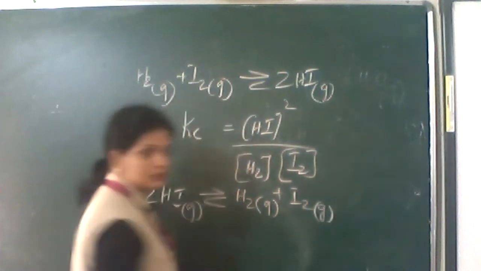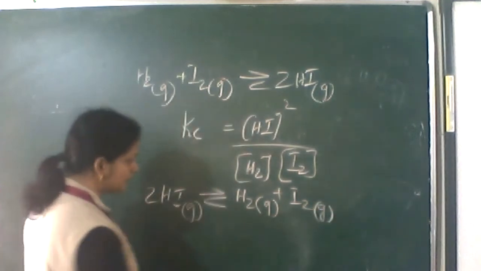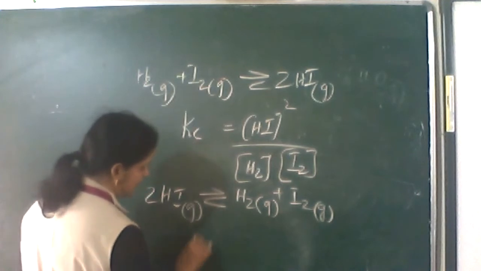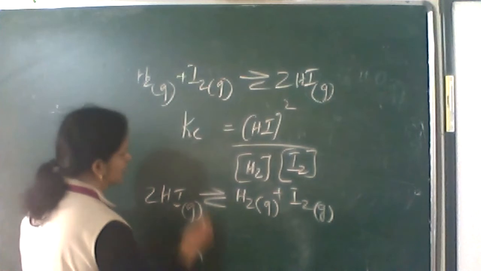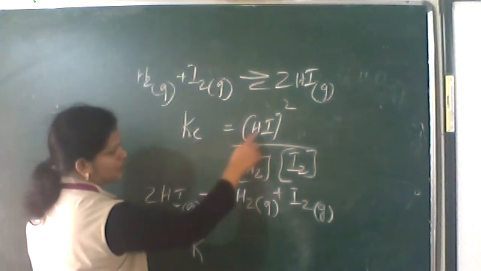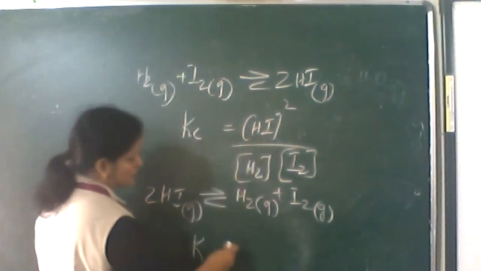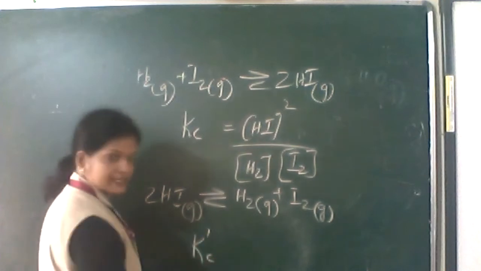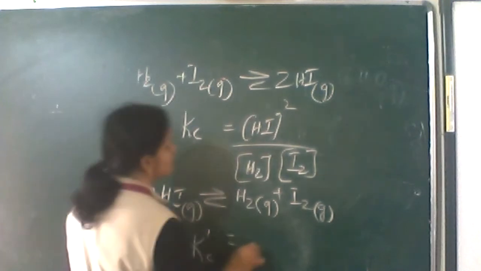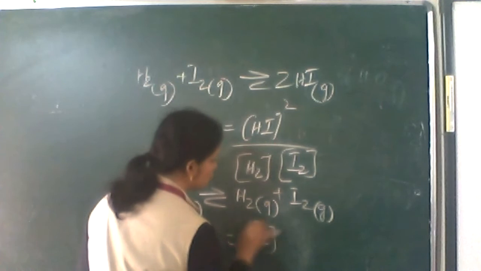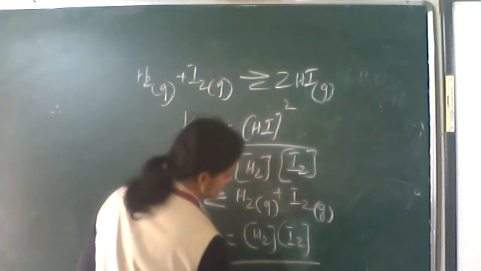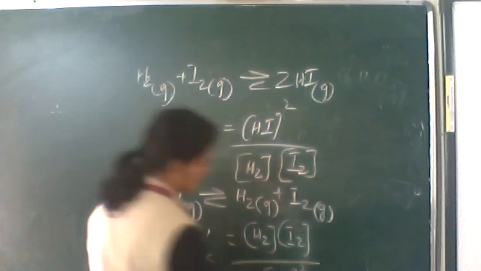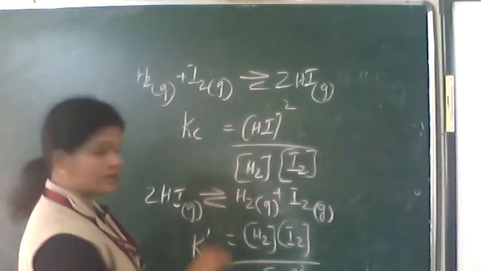The equilibrium constant for this, I am not writing Kc because Kc is for the one with HI square. So I am writing K dash C, which is equal to H2 into I2 upon HI square. See, this is the inverse of Kc.